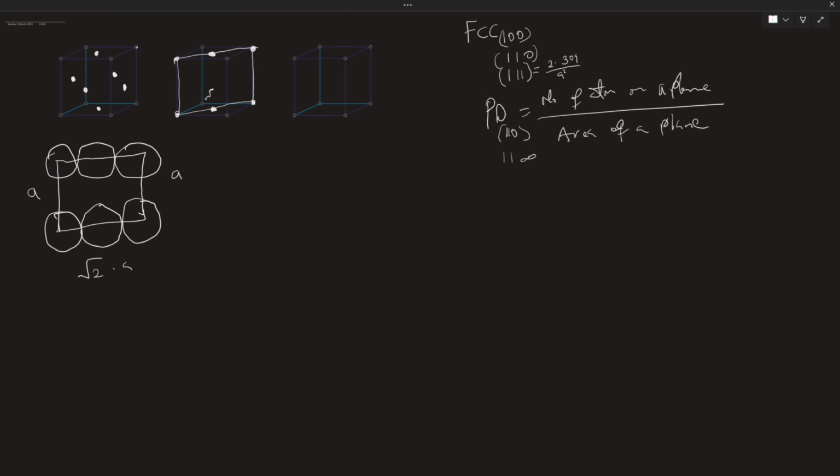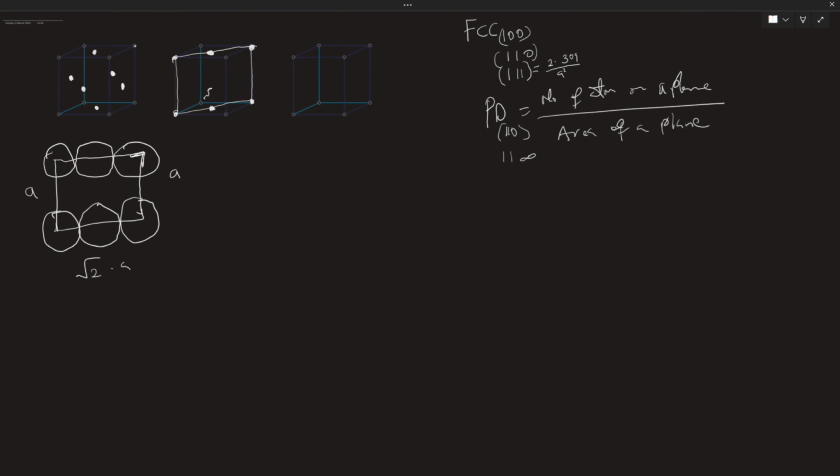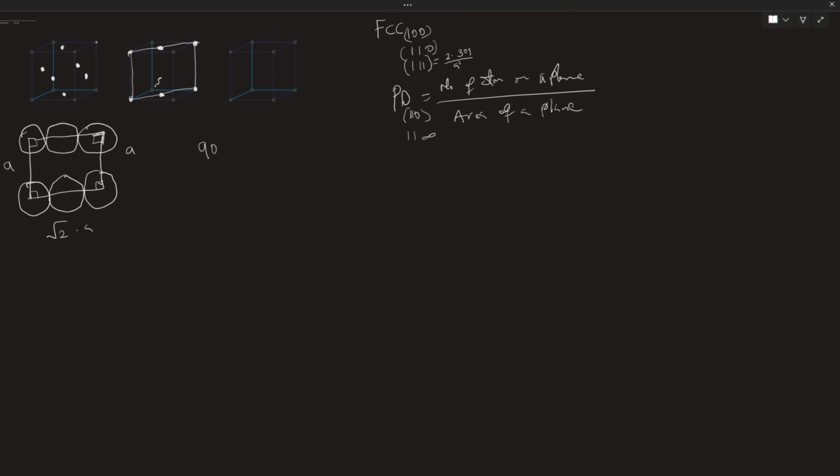We know we need the area of the plane and we also need the number of atoms. To get the number of atoms, this is angle 90, angle 90, angle 90, angle 90. So we say 90 over 360, 0 cancels 0, 9 in here 1, 9 in here 4, which equals 1 over 4, which means for every circle, we own 1/4 the size of an atom at that angle.